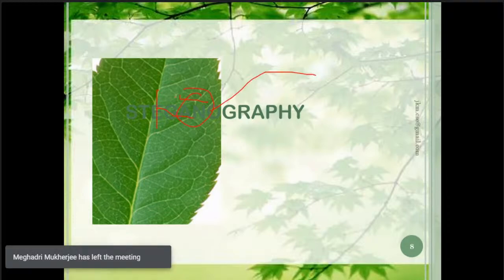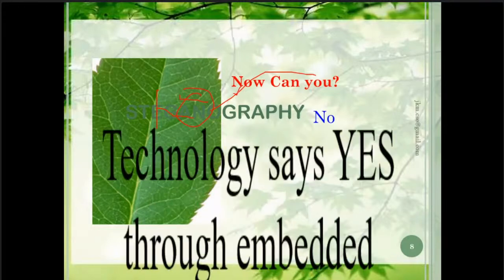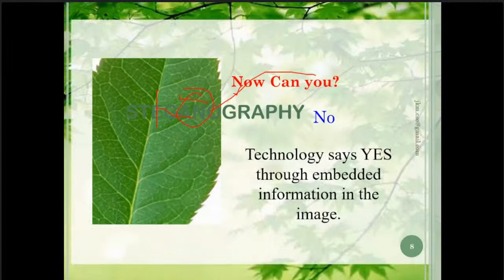Now it may be geography, it may be steganography, it may be cryptography. If I ask the same question now, you may say no. But in terms of technology, your technology says that yes, I can identify this leaf through the embedded information in the image, and that is the field of steganography.